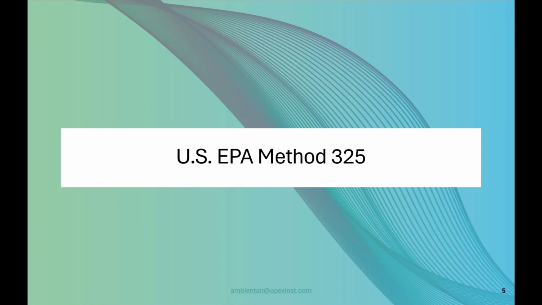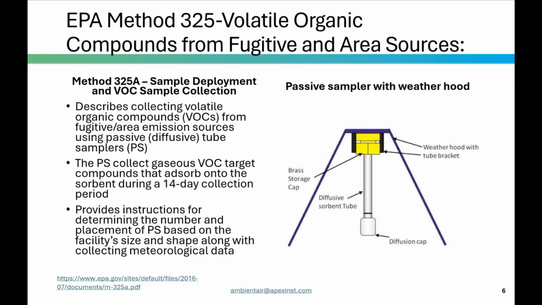Briefly, what is US EPA Method 325? Method 325 for volatile organic compounds from fugitive and area sources is broken into two portions. The first portion, 325A, discusses sample deployment and VOC sample preparation.